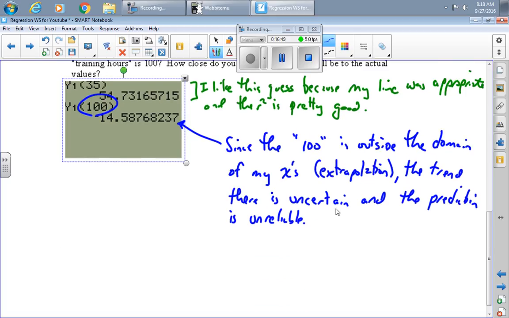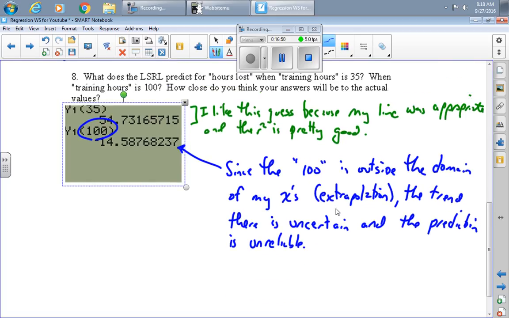So that's a pretty good way to look at a regression line, the residual plot, and the various parts of that interpreted in context.